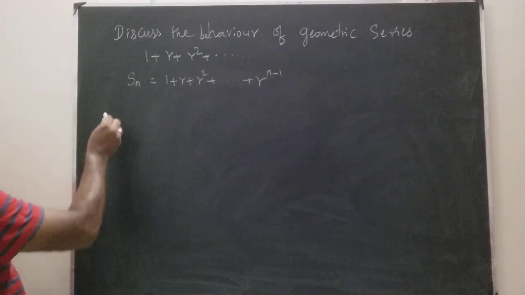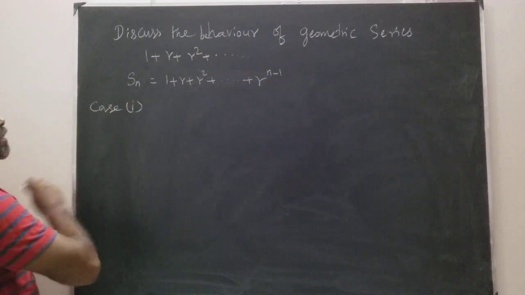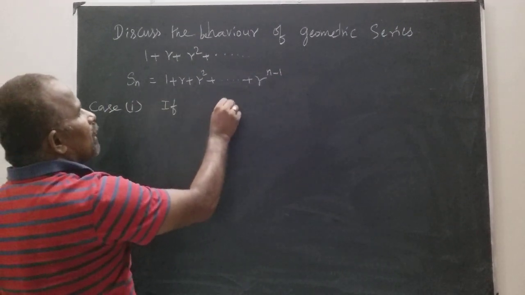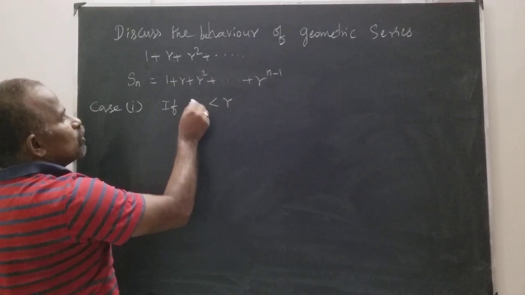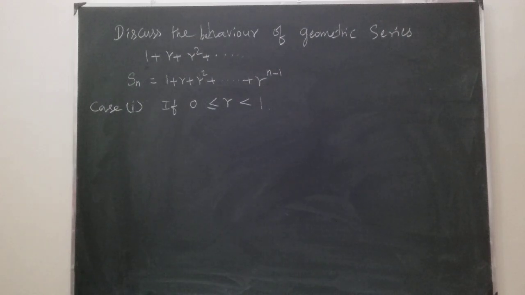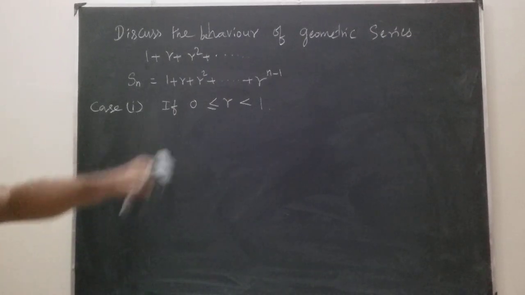Okay. Now case 1. If r lies between 0 to 1. So here Sn is equal to 1 plus r plus r squared plus r power n.